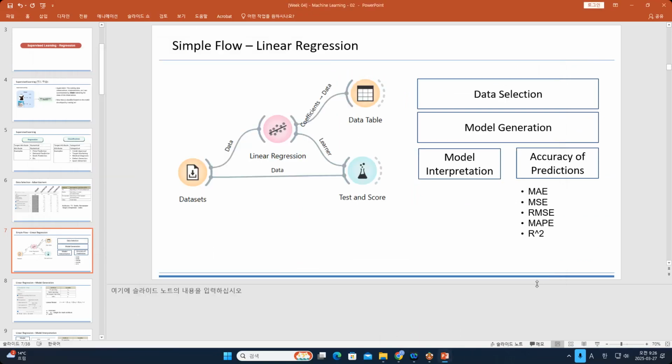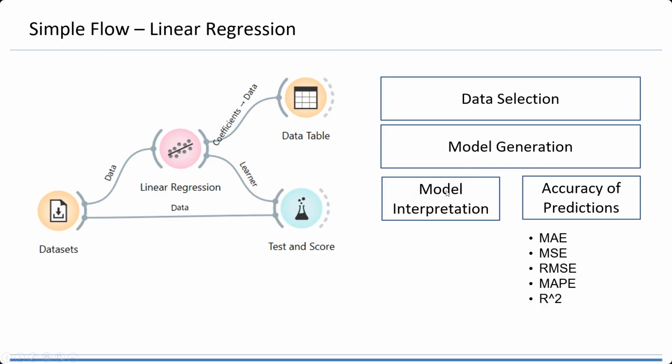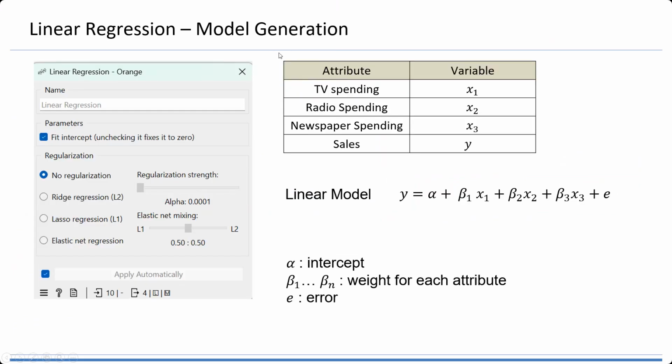Now, I want to do the modeling. We have the model generation. And then I will give you the explanation of what model interpretation and the accuracy of prediction are. So for the model generation, we have one model, we call it linear regression.